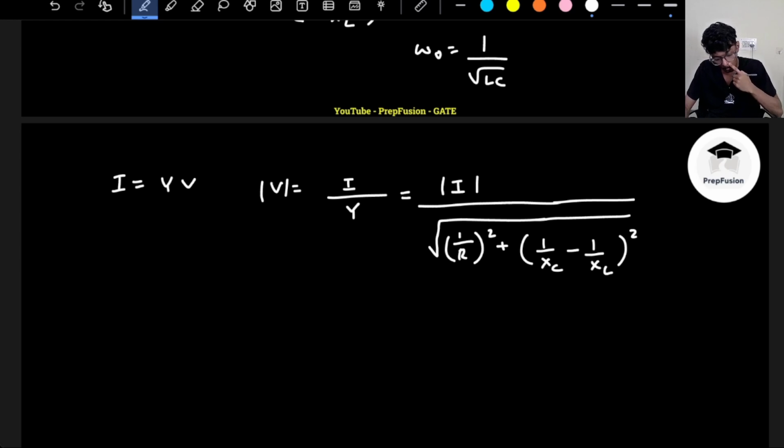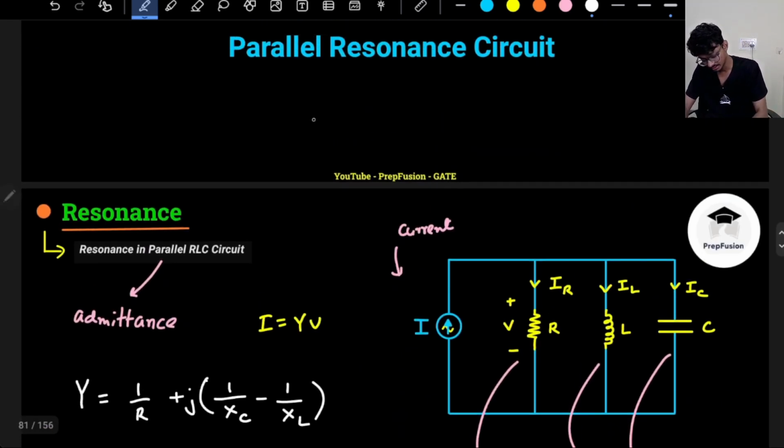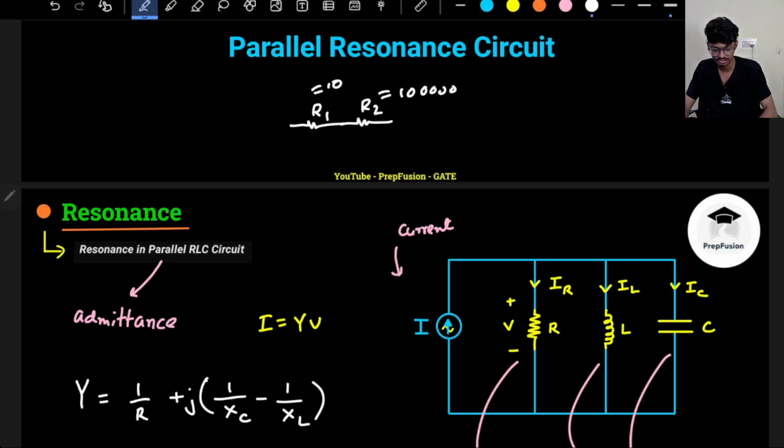So now can you tell me at what frequency the circuit is behaving how? Again remember one point: in series, if I have let me choose simple resistors only, R1 and R2. Let's say R1 is 10 ohms and R2 is a much larger value.